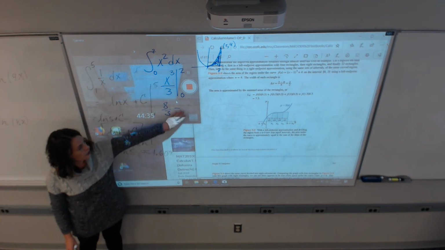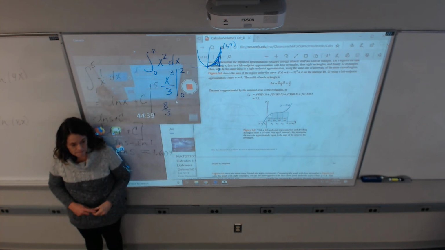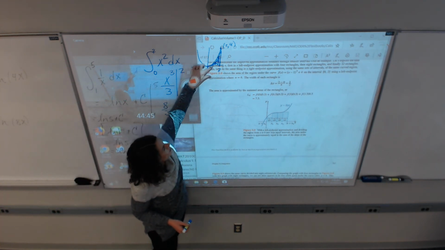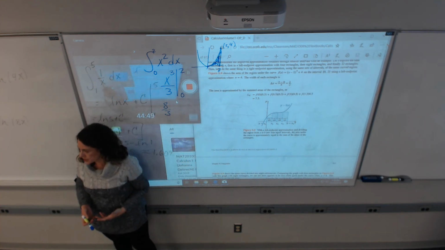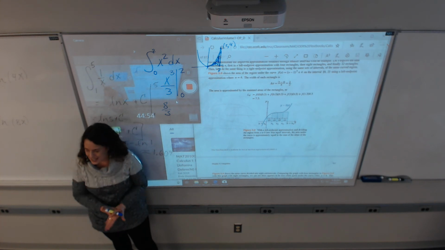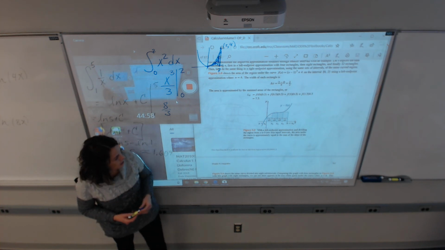So what's the area underneath there? It's 8/3. 8/3 square boxes, each box being 1 by 1 in size. That's exactly how much area is under there. So if they were square feet, I could tell you precisely how much paint you need to paint it. Okay, that's exactly what it is.